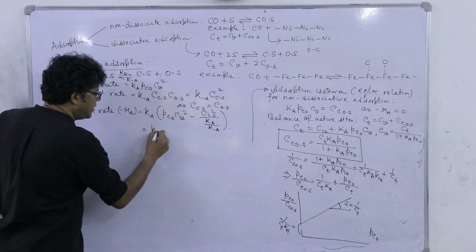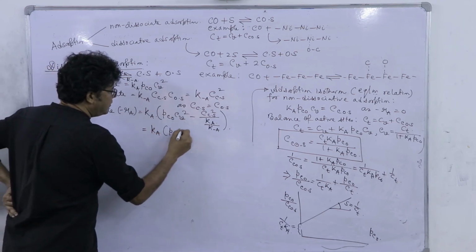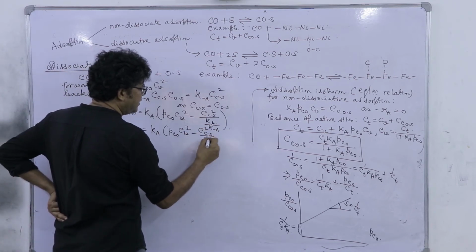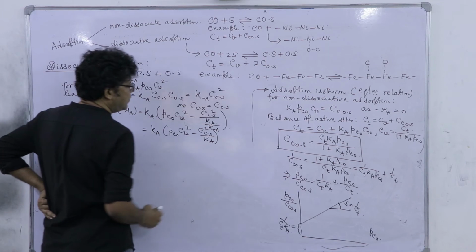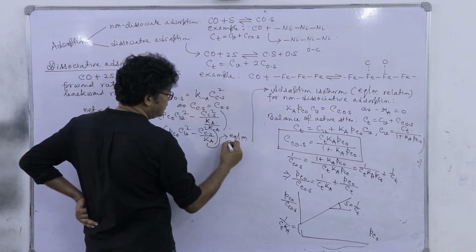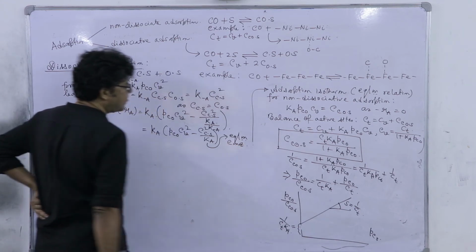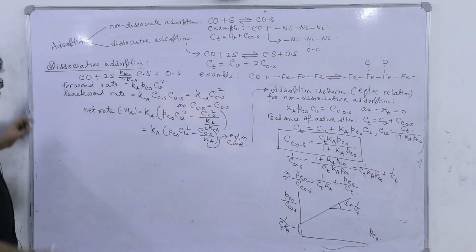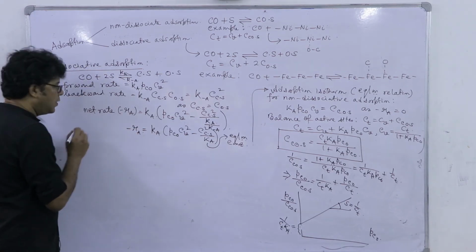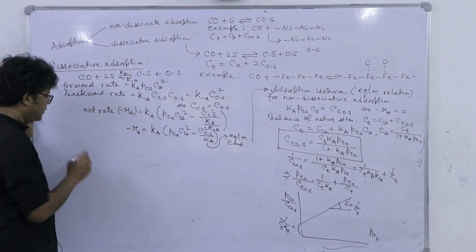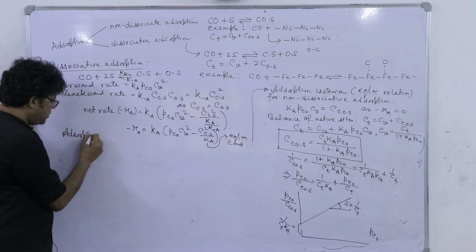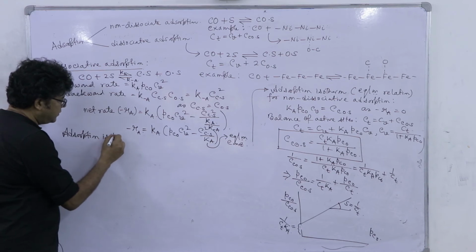So, we have Ka (PCO Cv square minus C·S square divided by capital K), where this capital K is the adsorption equilibrium constant. Right. So, that is the rate expression for dissociative adsorption. So, what will be the relation for the adsorption isotherm?